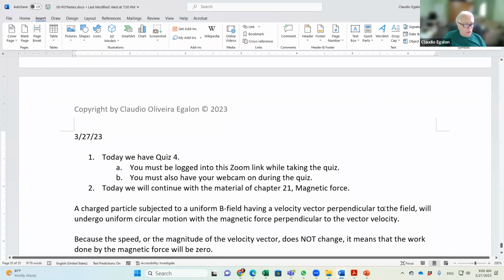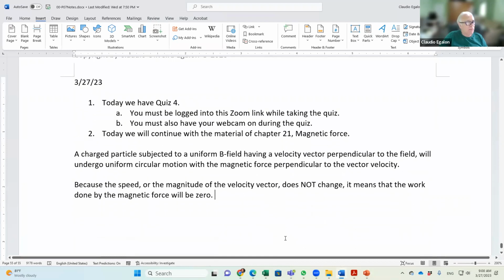And also not just because the velocity doesn't change, but also because the force itself is perpendicular to the velocity vector. The magnetic force makes a 90-degree angle with the velocity vector. Consequently, the work done by the magnetic force will be zero, no matter what the circumstance.